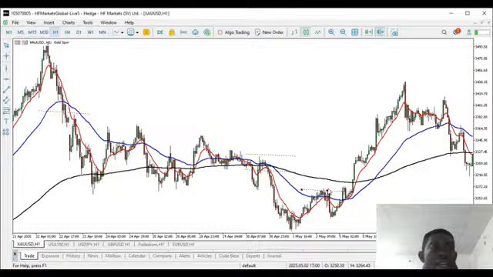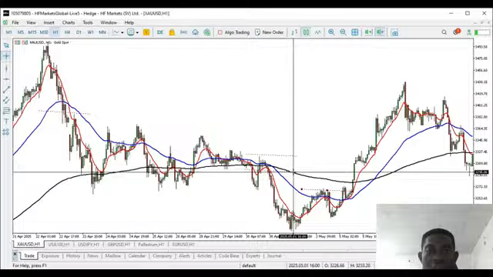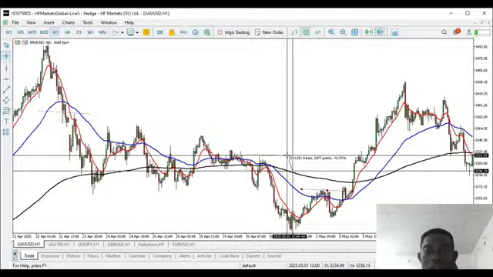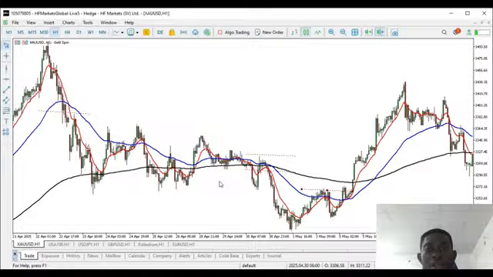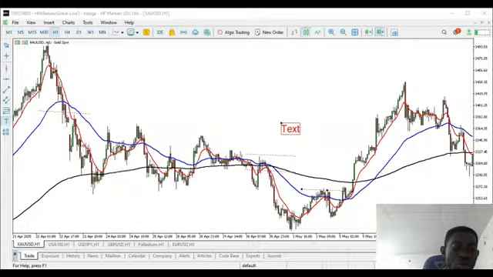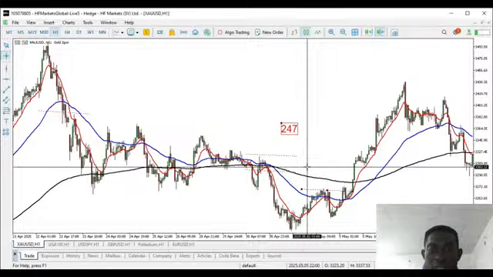And then here now I'll be risking how many pips? 247 pips. Don't forget that this is gold, but you don't have to use it on gold. 247 is the risk. And then I want to check for my profit target.